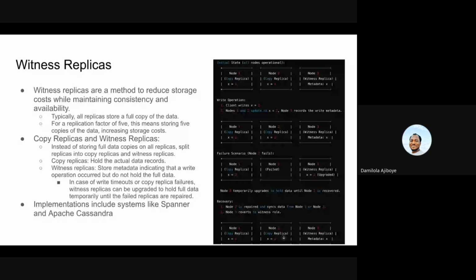So that's where witness replicas come in. You assign some replicas to be copy replicas, and then some will be witness replicas. The witness replicas just hold some metadata to indicate that a write operation has occurred, but they don't hold the actual full data.